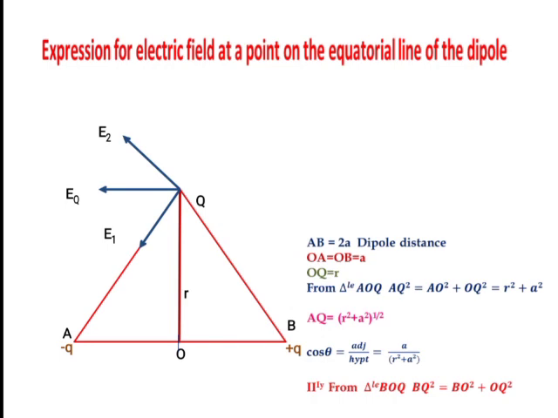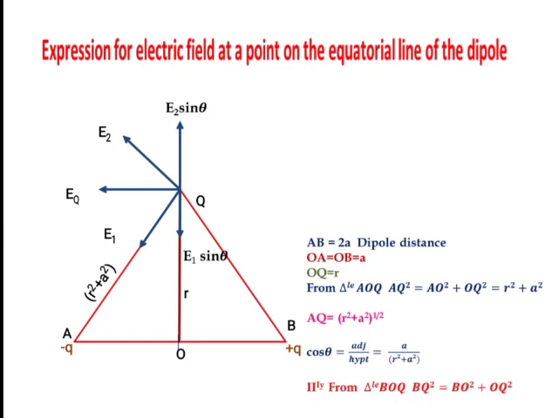Then the resultant electric field EQ due to these point charges at point Q. EQ is the resultant electric field because this is a vector quantity and this is also a vector quantity. So the total resultant we want at this point Q is denoted by EQ. E1 sin theta and E2 sin theta. Why E1 sin theta and E2 sin theta?